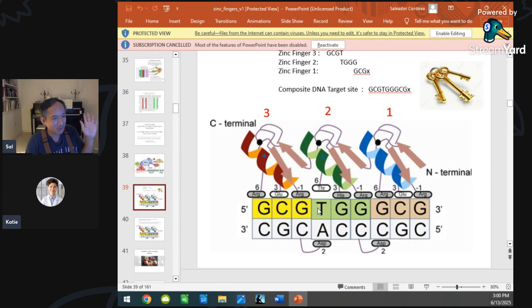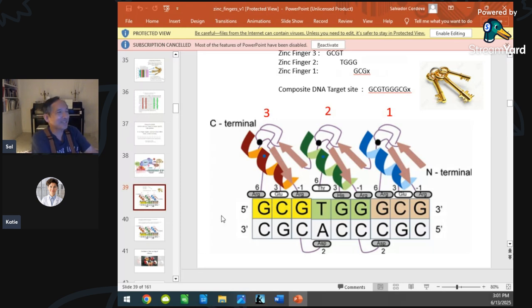Actually, it's 4 with 1 overlap, but it's roughly 3. And so you need multiple zinc fingers. And when you get the right array, you can specify an exact address. It could find exactly that location in the genome, which, to me, is really cool.